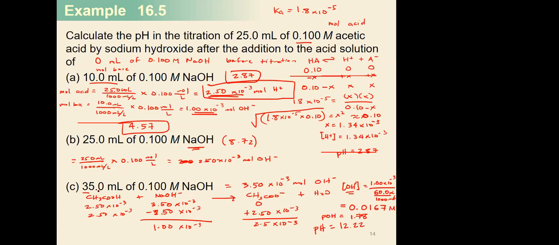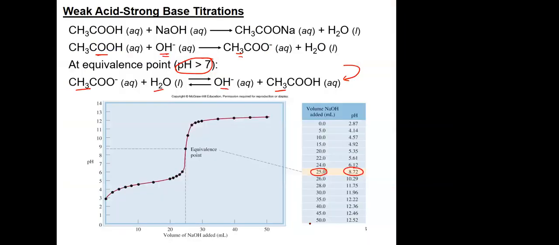You add 35 ml, it becomes 12.22. Does it make sense? Does it follow this? Yes. So 2.87, 4.52, 8.72. And then when we add 35 ml, it's 12.22.